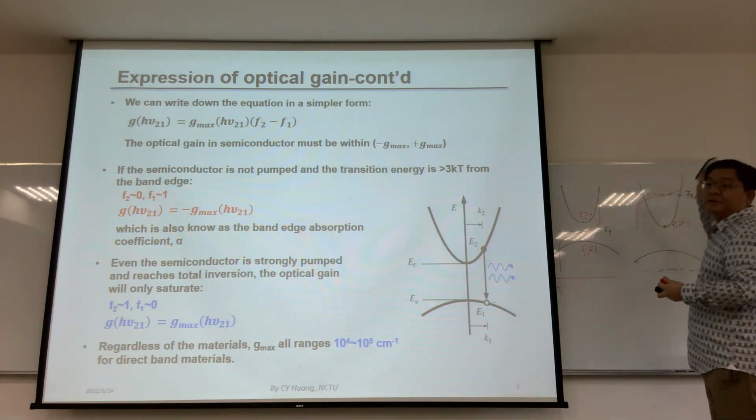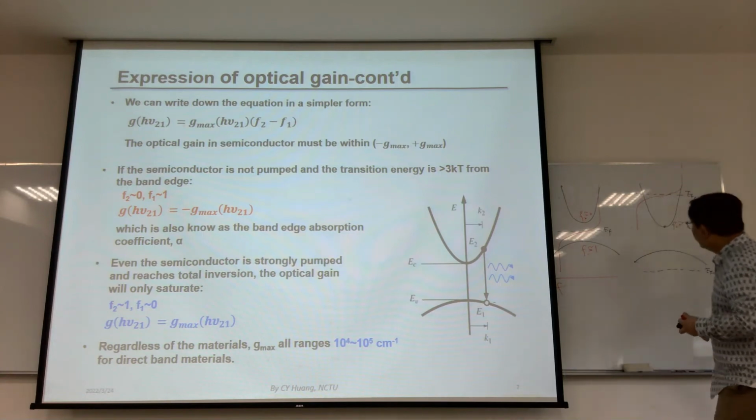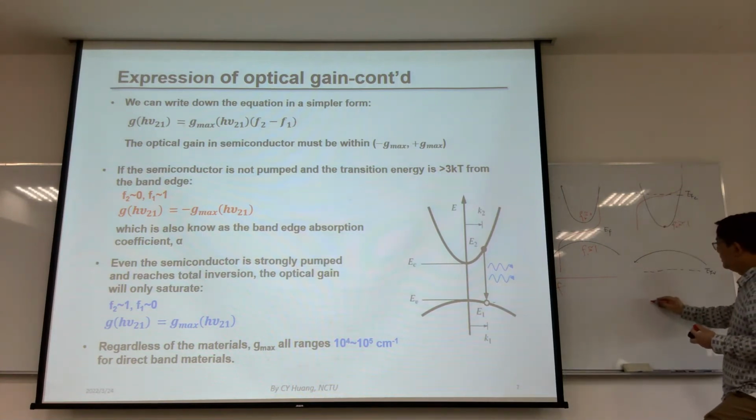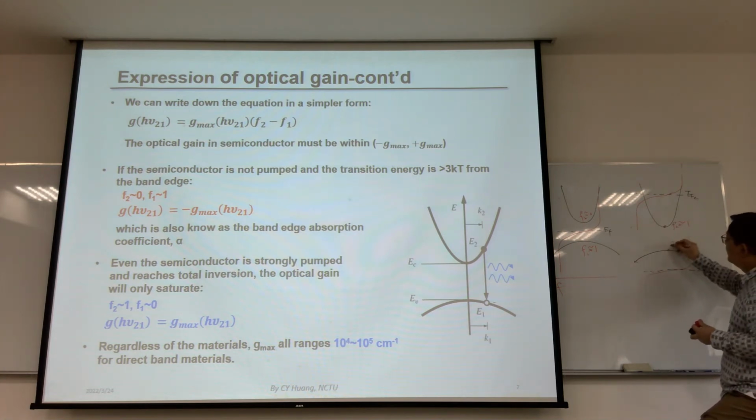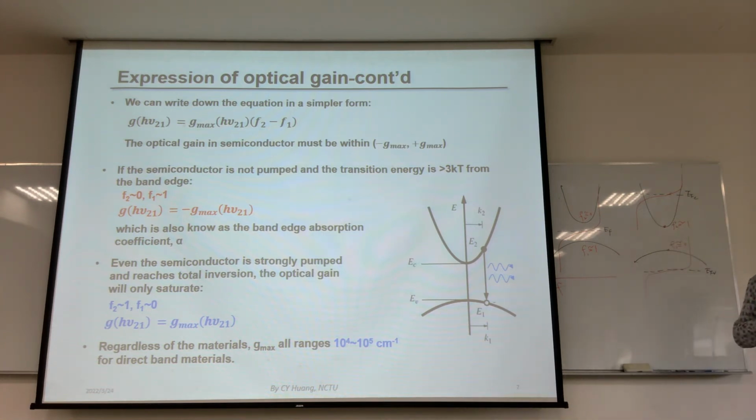This is the Fermi-Dirac distribution. And similarly, for this level, F1 is almost 0, since you pump really hard to make the Fermi levels separate. Then you are looking at the transition between here and here.